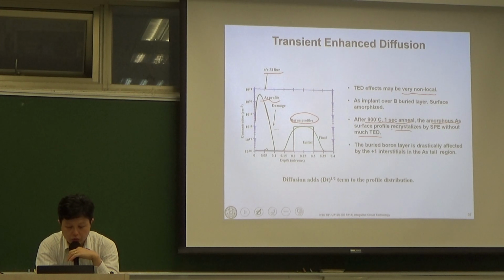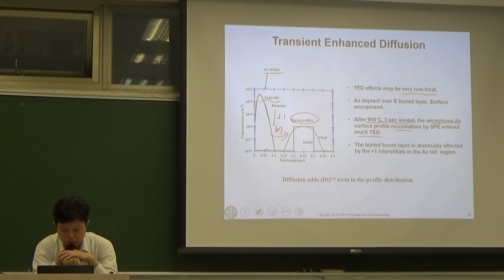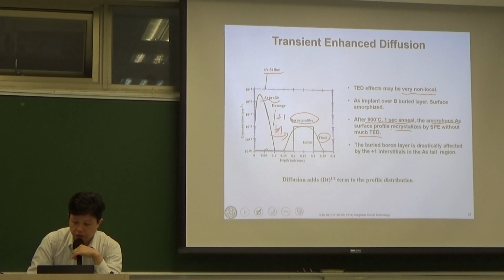But we still have these +1 interstitials that move faster to the dopant, and they can help this boron to out-diffuse quickly. So you can see this green line is the final profile. The arsenic doesn't change a lot, but for boron you can see these tails as a result of your TED. So it can be very non-local.